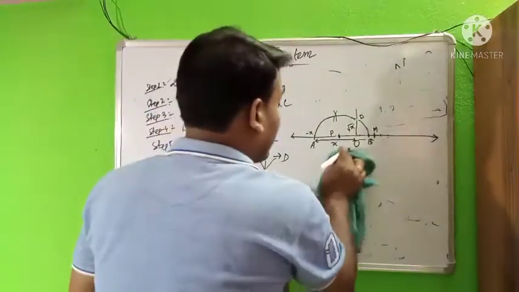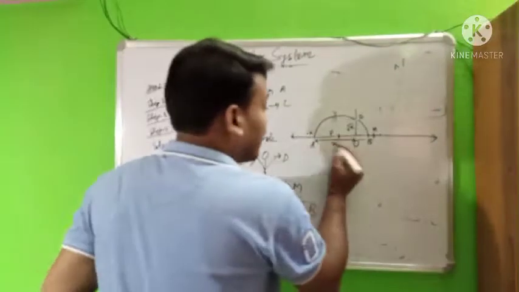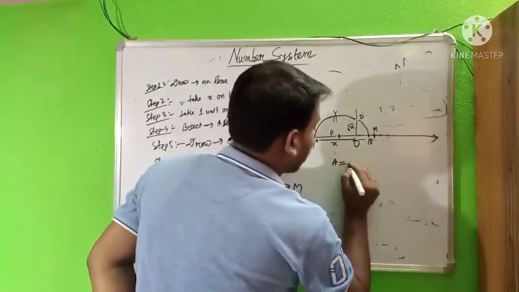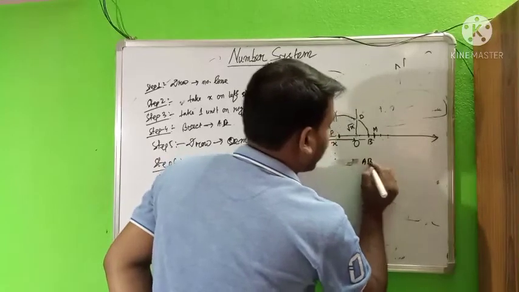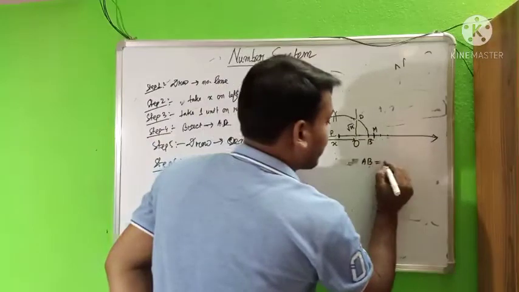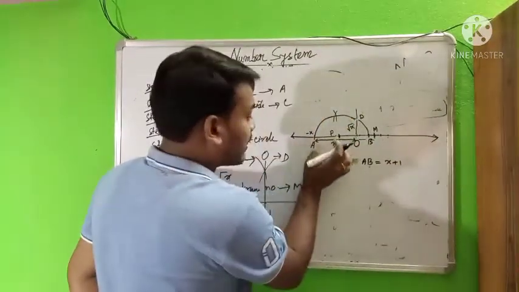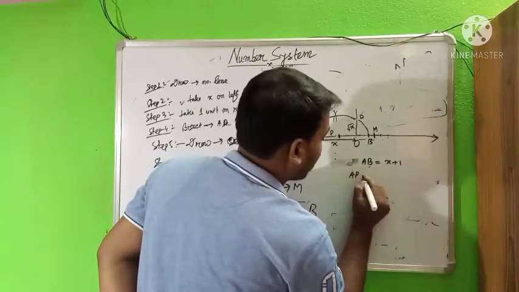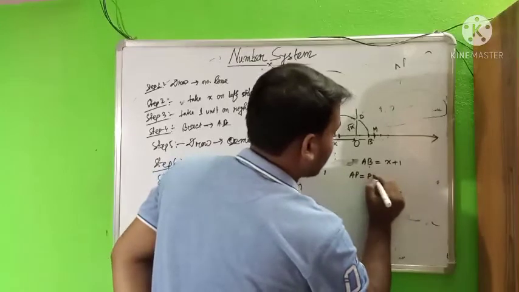And why is M the position of root over x? The explanation is: AO equal to x, and it is 1 unit. So AB equal to x plus 1, total length. And what is the value of AP or radius of the semicircle, AP or PB?